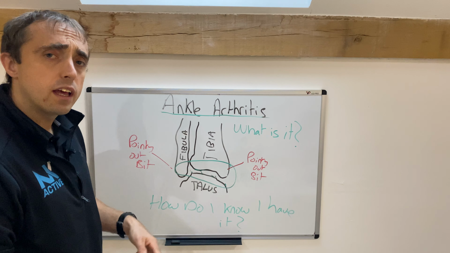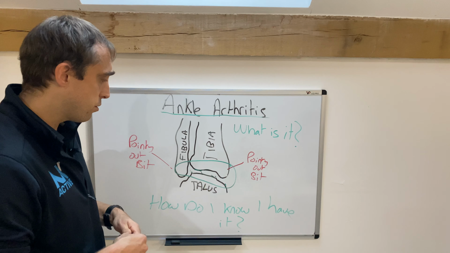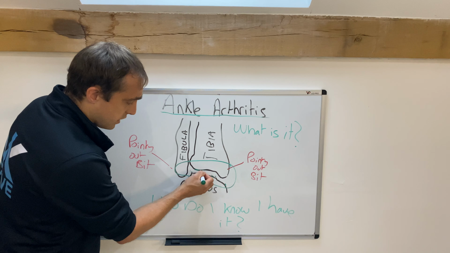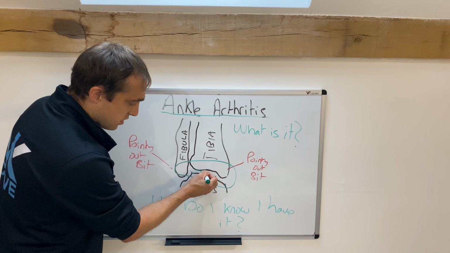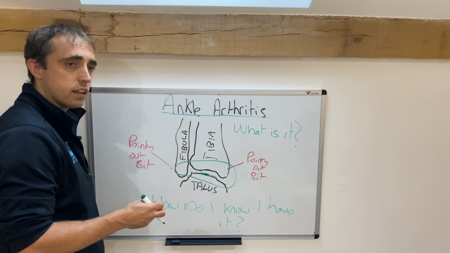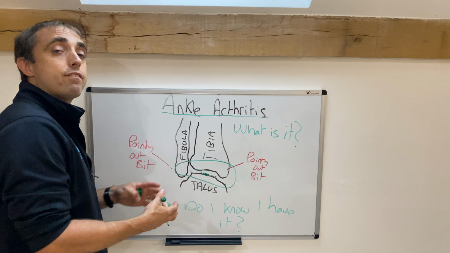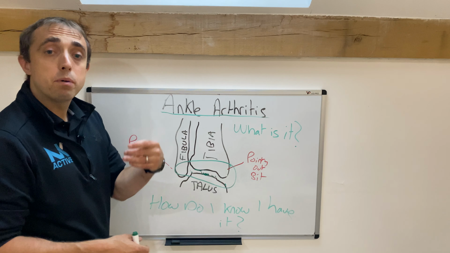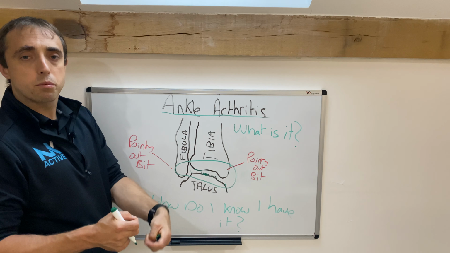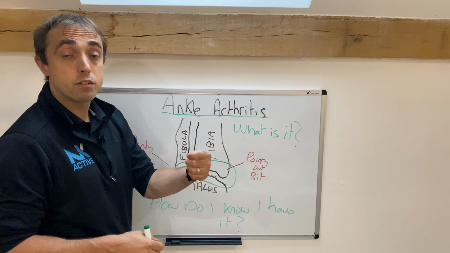So sometimes when you've had a nasty ankle injury, you can damage the cartilage and you just get little defects in the cartilage, which then fails to heal itself. Going back to the previous video around big toe arthritis, it's not wear and tear, it's wear and repair.